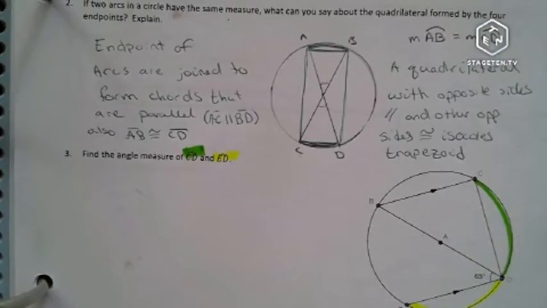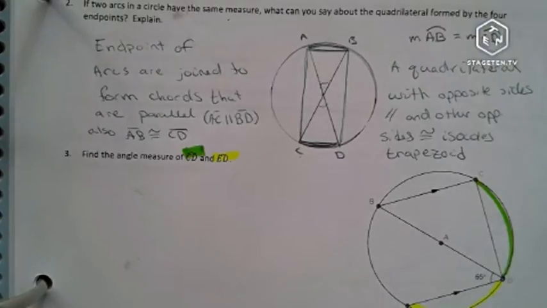Alright, so what we know from our last exercise is that these intersect, they're perpendicular. So here we have a 90-degree angle, right? And if you look, we have a triangle. So if this is 65 and this is 90, this angle here must be 25, right? And again, we go by that logic. We have a central angle here.